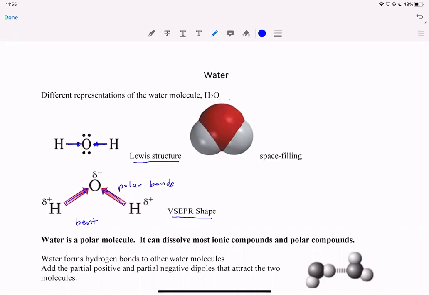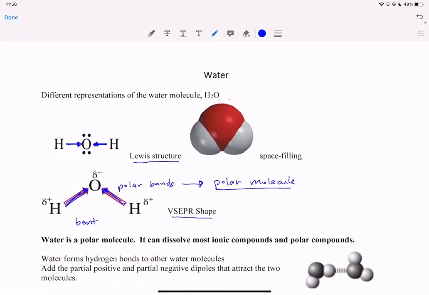So see how those 2 polar bonds, those dipole arrows pointing towards the oxygen, because oxygen is more electronegative, those bonds would cancel out on the linear shape. But because it's a bent shape, those bonds do not cancel out. And so this results in a polar molecule. Okay, and that's why if water were linear, those bonds would cancel out and would be a nonpolar molecule.